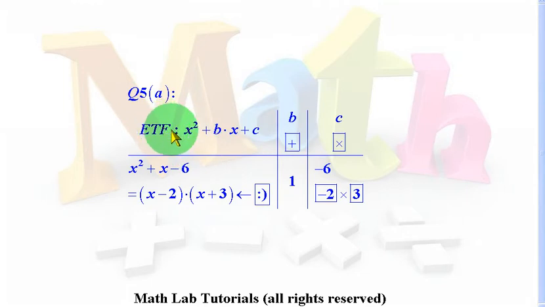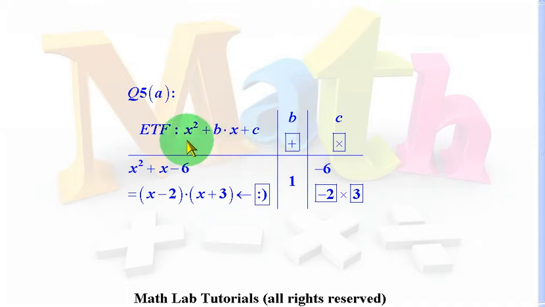Okay, this is the very first time I ever mentioned ETF. ETF is short form. It's a form that I came up with so that you would recognize easy trinomial factoring. Easy trinomial factoring, ETF, occurs when you have a quadratic, like x squared plus bx plus c.